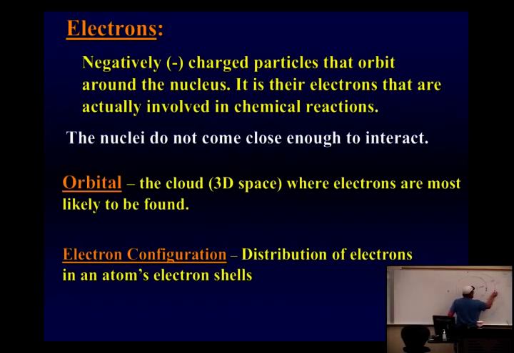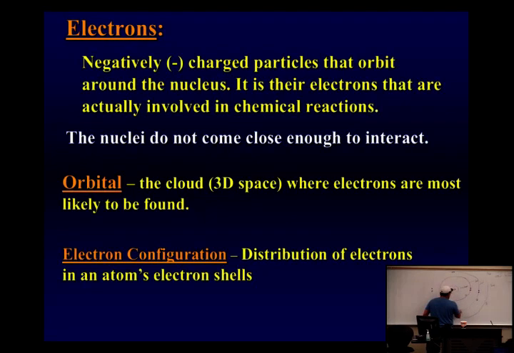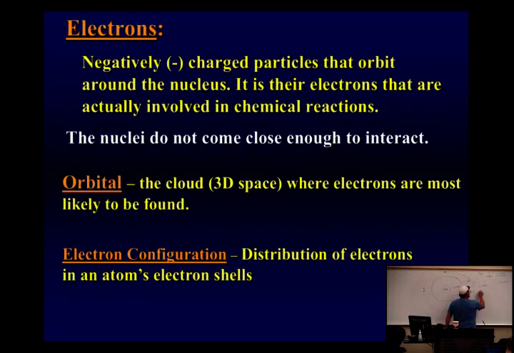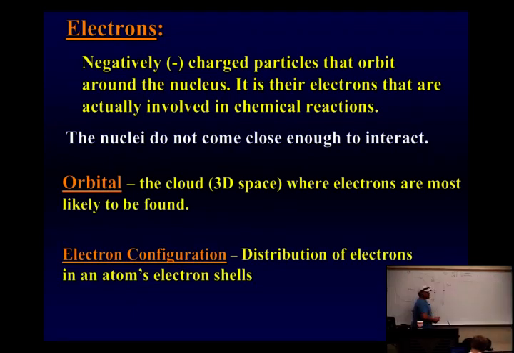And then they start pairing. Okay. So then what's next? We got 2 plus 8 is 10. No, we have 1 more. So this is an unpaired electron on the outside. Everybody got that?